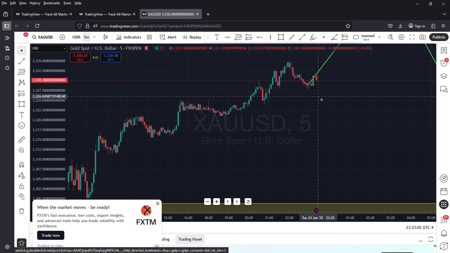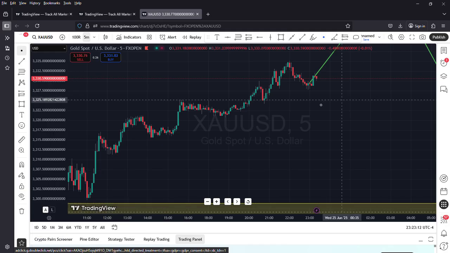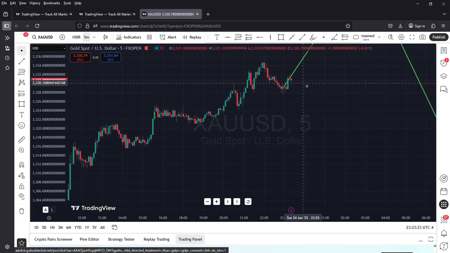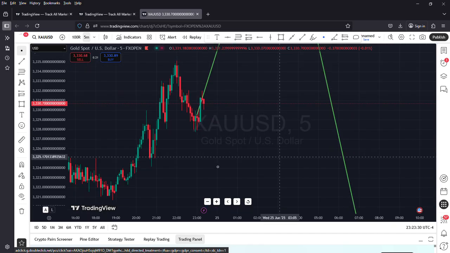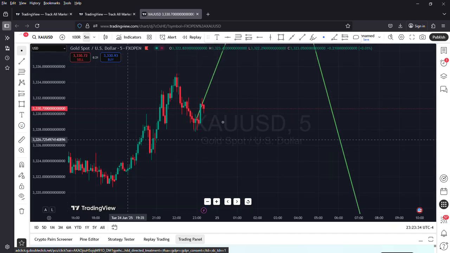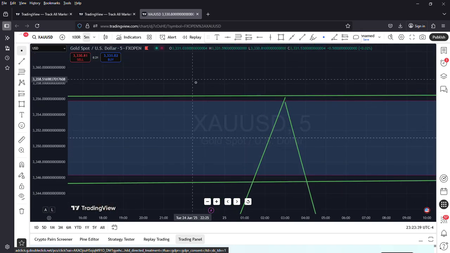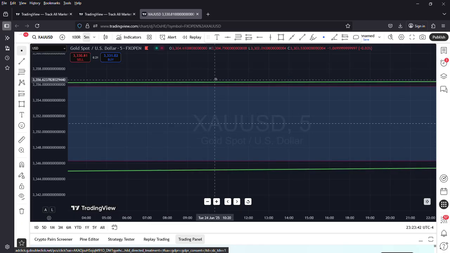In our lower time frame, the market will still retrace to that upside before we can see any opportunity to sell to the downside. But now is not a reliable time to sell. So we'll wait for that particular comfort zone, which is this area. That's where we are waiting for.